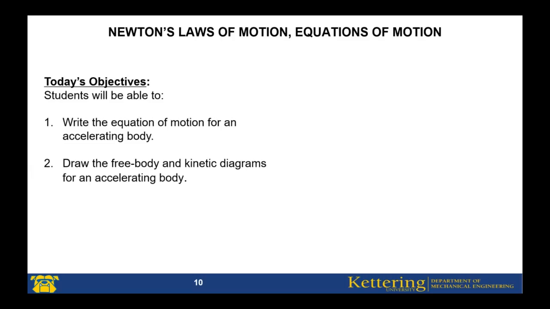Now, I want to know, for a particle that is moving along different paths or different motions, how we can find the forces applied to the particle or the body? How can I relate the forces with the kinematics equations that we found in the previous chapter?